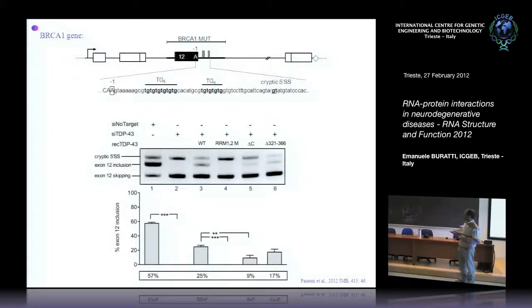In this case, you see that normally you have the normal recognition of the BRCA1 exon 12, even when there is the disease-causing mutation in position +1, although you start gaining some exon skipping and cryptic splice site recognition.